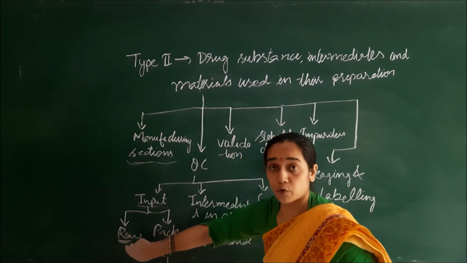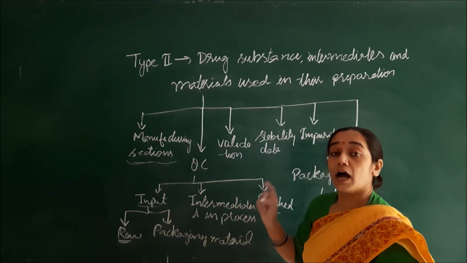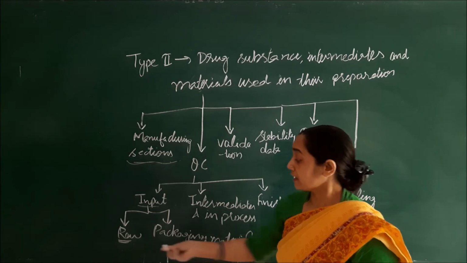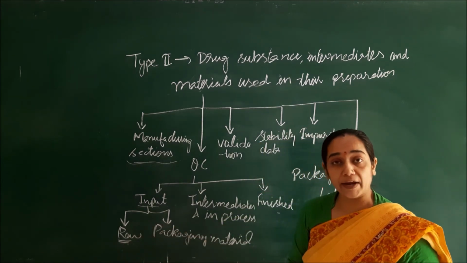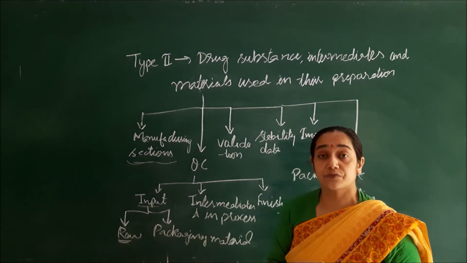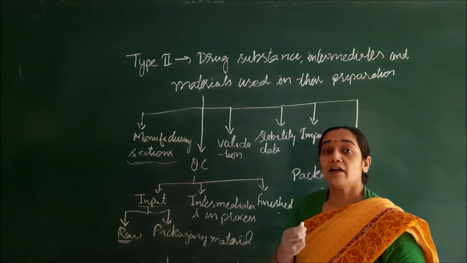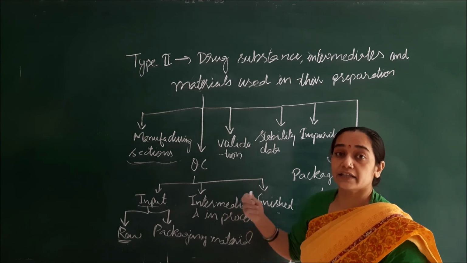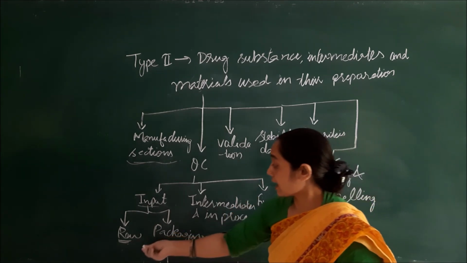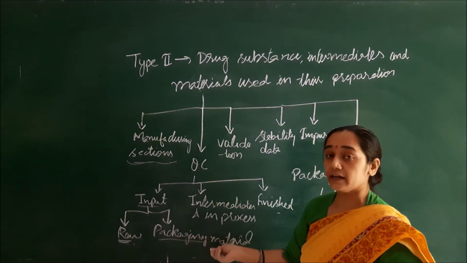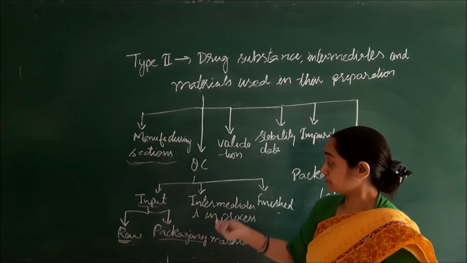Whatever raw material is used to prepare a particular drug product, drug substance or a finished product, those raw materials will be evaluated for their specifications, whether they are meeting the quality. Since if the quality of the raw material is good, then only we can think of a quality product. They will evaluate the raw materials, as well as the packaging material.